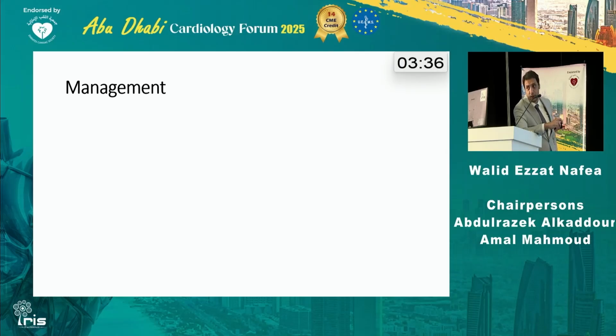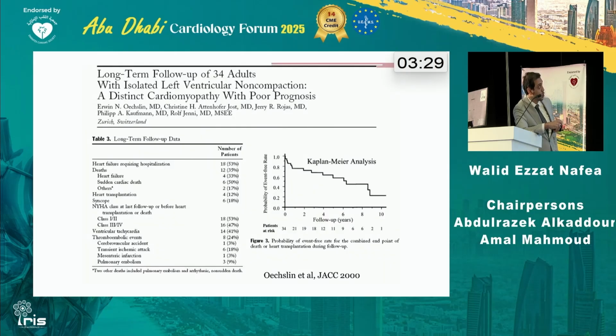And I believe Dr. Amado can correct me, it needs special software in the MRI to give you the LV mass accurately. So what about the management and follow-up? We don't have much data about the follow-up of these cases, but we have an abstract of 34 adults who had LV non-compaction, and we can see that 53% of them had heart failure symptoms, deaths from heart failure, sudden cardiac death, heart transplantation, and syncope, ranging from 2 to 12 patients in this group.